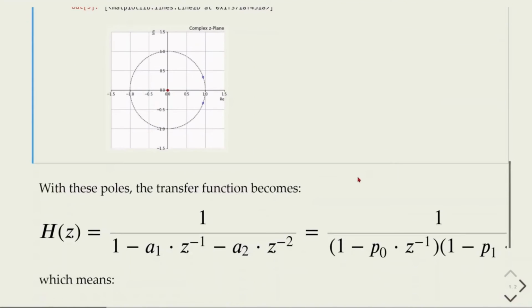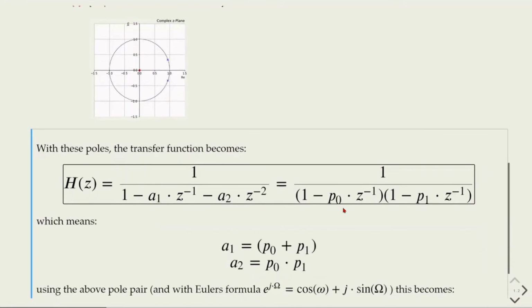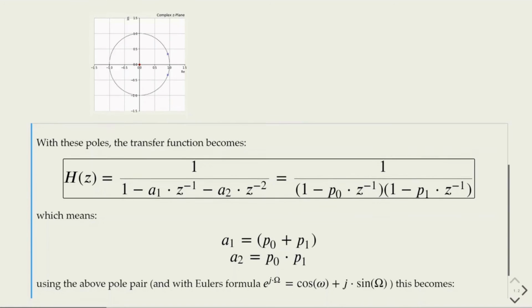So with these poles, the transfer function now will become this equation given here. And we have our poles P0, P1, and when we compare with the formula of our transfer function in the z-domain, we can see that A1 is equal to the sum of the poles, and A2 is the negative of the product of the poles.